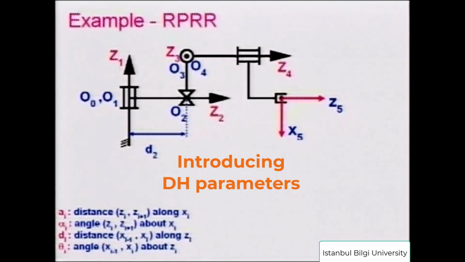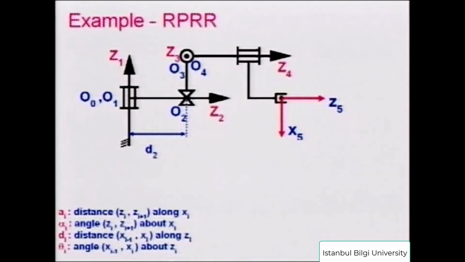Now, let us start to introduce DH parameters. Firstly, what is A0? A0 is the distance between which axes? Between Z0 and Z1. But they are coincident. So, A0 is 0. What about A1?